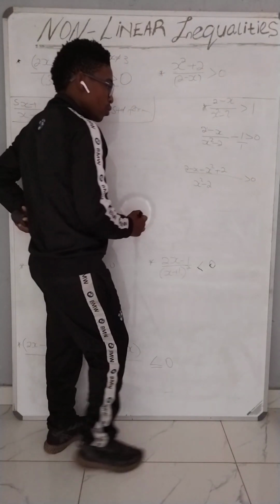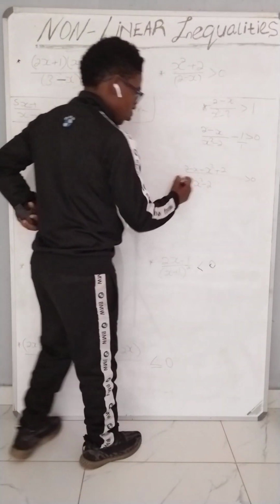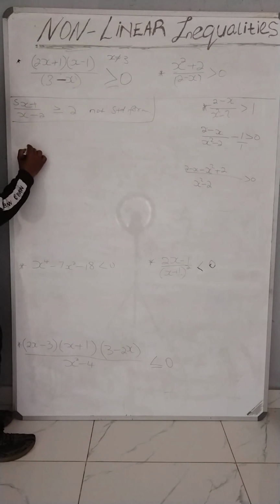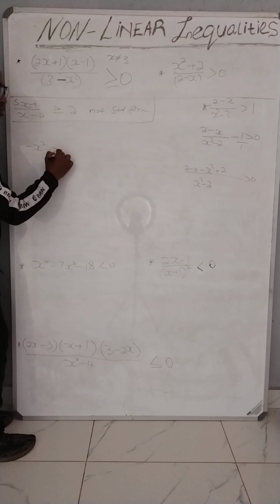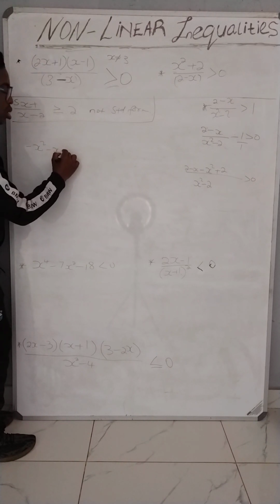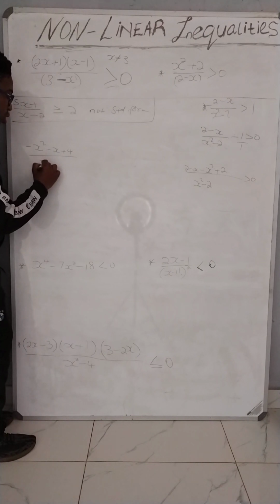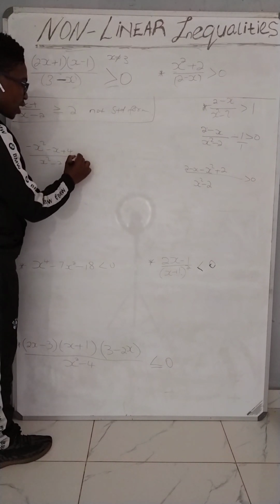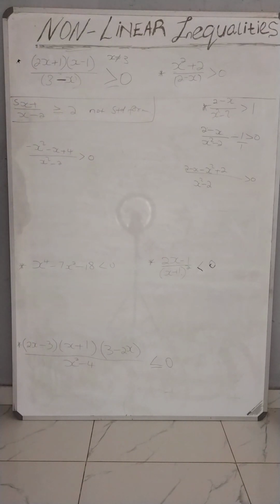Therefore now we can have this come this side, minus x squared minus x plus 4 over x squared minus 2. I see where we didn't go right with it. Still greater.